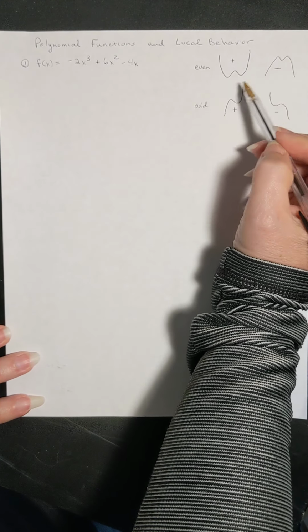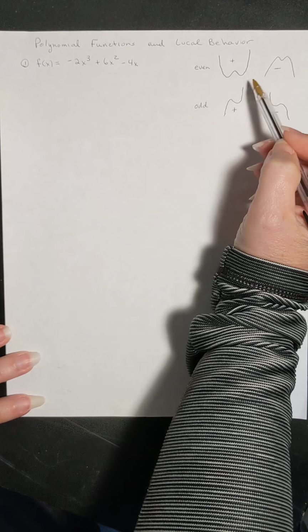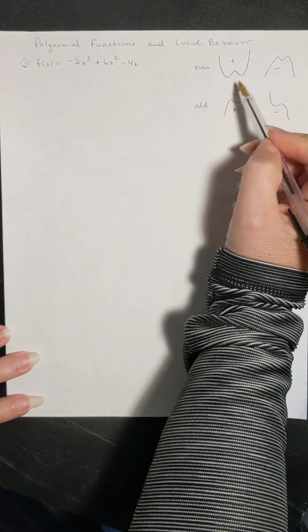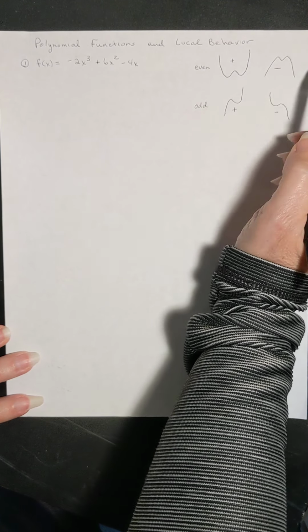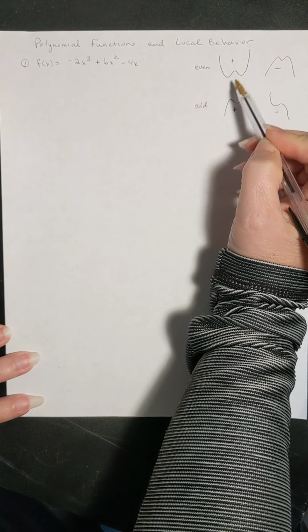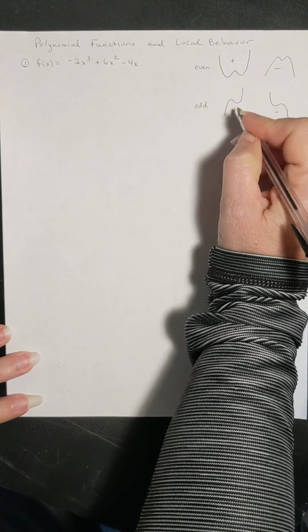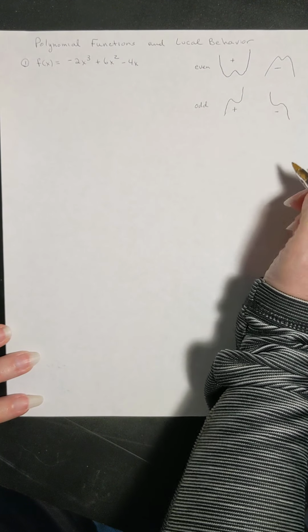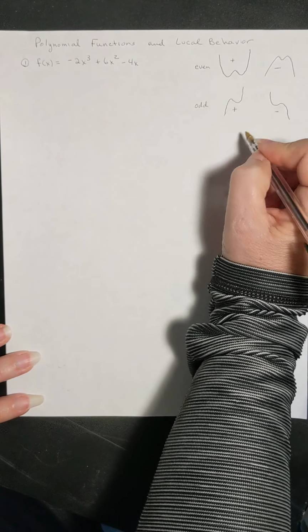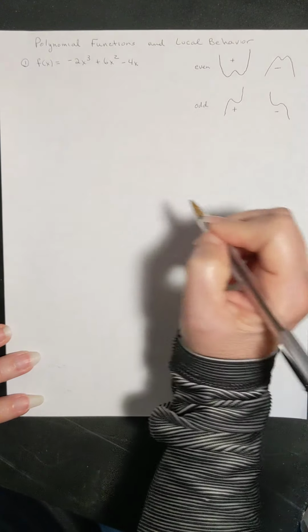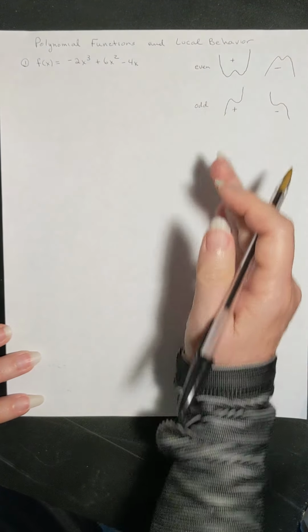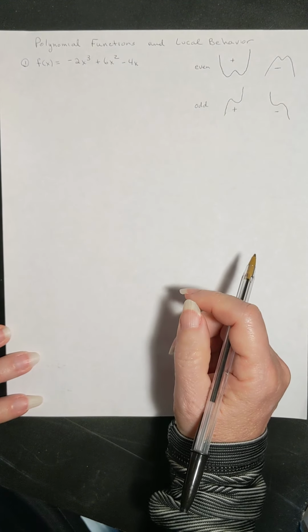If you remember the volcanoes and the boomerangs, those were smooth but not continuous curves, because with the boomerang, we had to pick up our pencil to draw the other side. Same thing with the volcano. So not continuous. They have that vertical asymptote on them, so you had to pick up your pencil to get to the other side of the asymptote. We don't have anything like that. We won't have any asymptotes on polynomial functions.